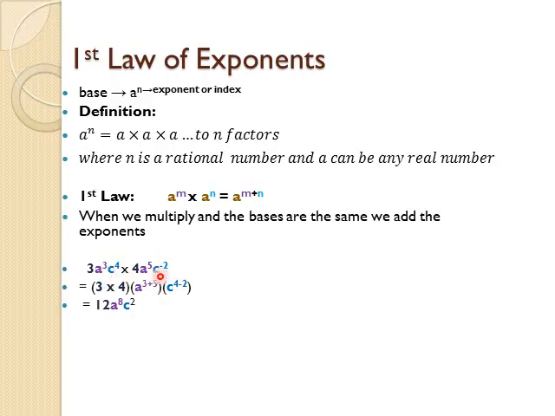There, base c and base c is the same, so we have to add exponents, so in this case it becomes 4 minus 2. So 3 times 4 is 12. a to the 3 plus 5 gives me a to the 8. 4 minus 2 gives me c squared. And we have solved the problem using the first law of exponents. So that's just to give you an example of how we'd use the first law of exponents.